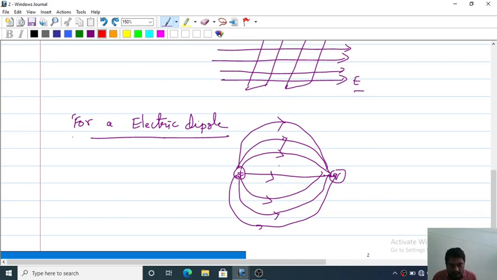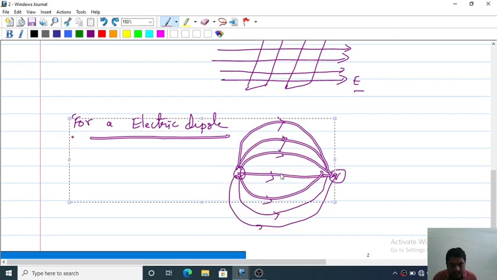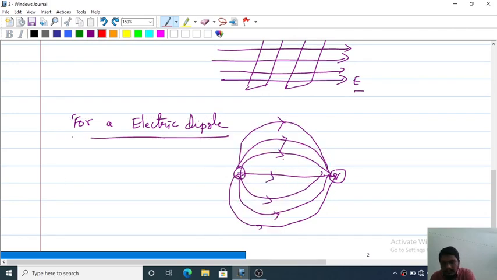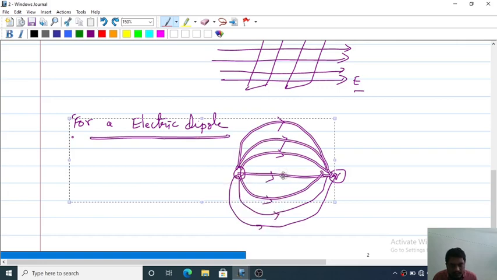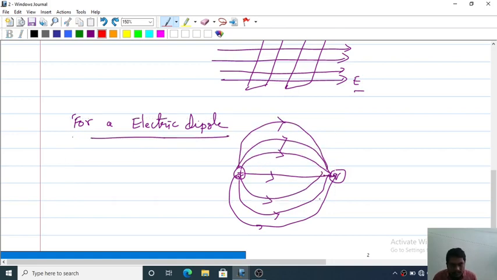If you take a point at the center, since the two charges are at the same distance, it is an equipotential point.